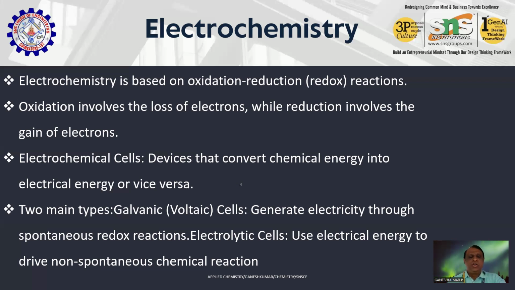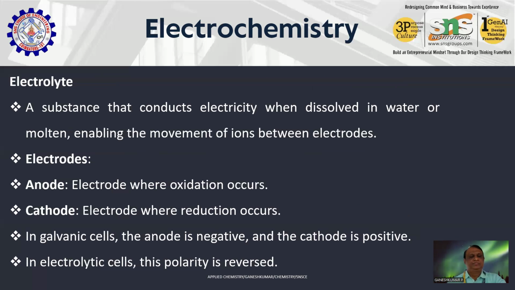That is, non-spontaneous chemical reactions are produced with the application of an external electrical source. The next is electrolyte. An electrolyte is a substance that conducts electricity when dissolved in water or in a molten state, which enables the movement of ions between the electrodes.